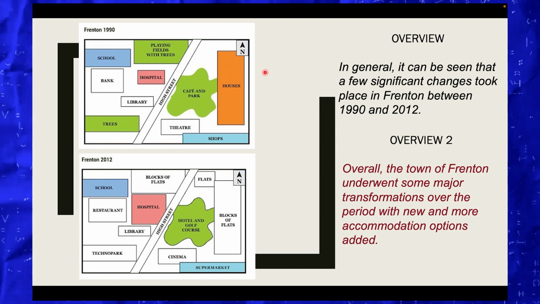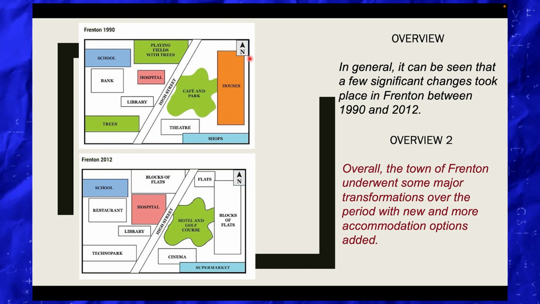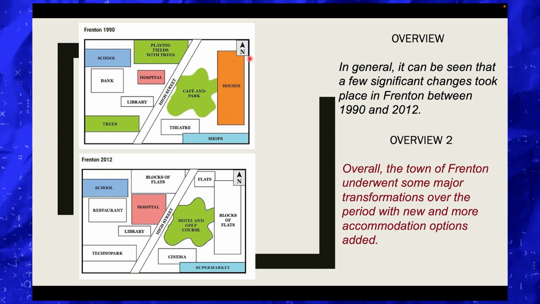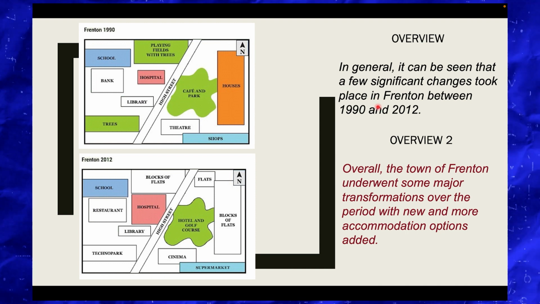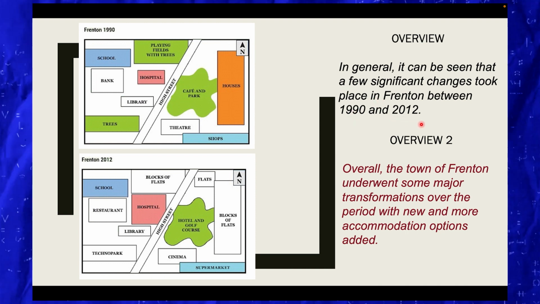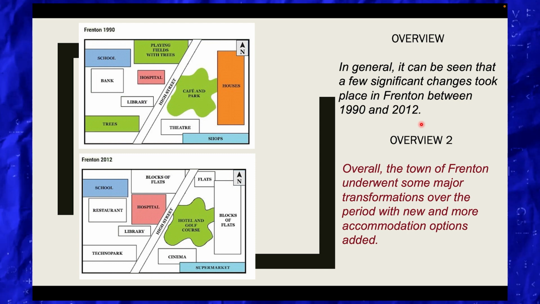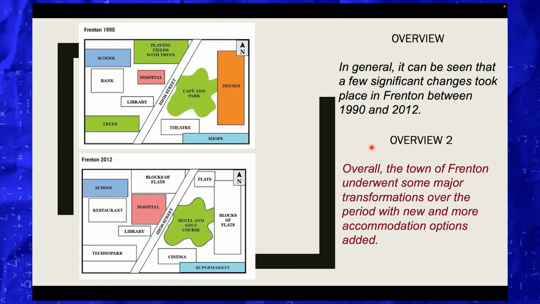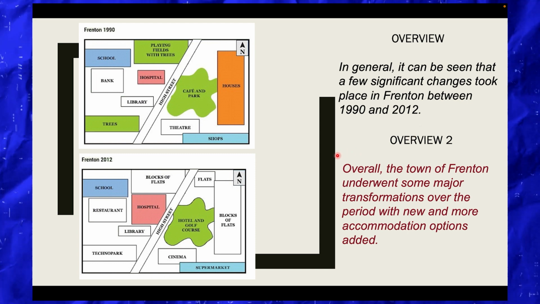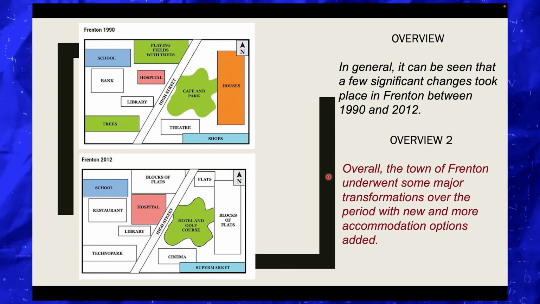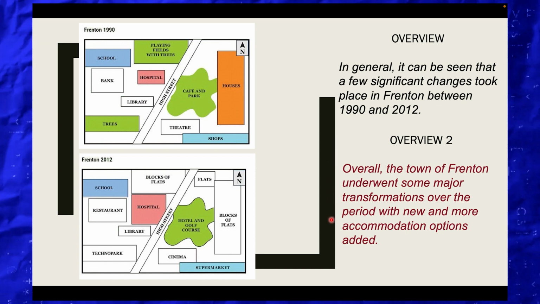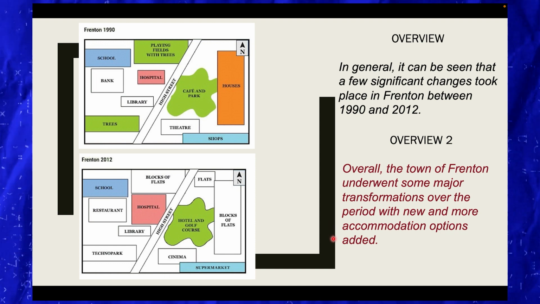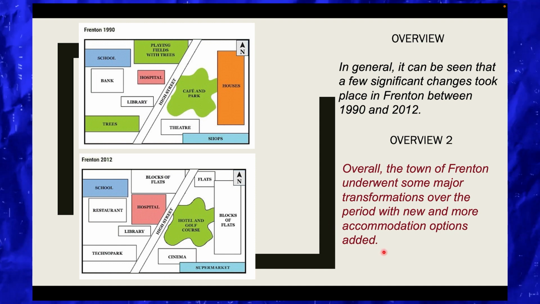So, we can see that in general, it can be seen that a few significant changes took place in the town of Frenton between 1990 and 2012. That would really be enough. Or, you could say something like this. Overall, the town of Frenton underwent some major transformations over the period, with new and more accommodation options added.